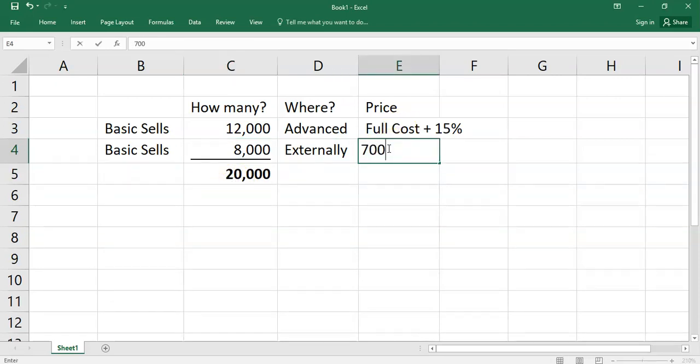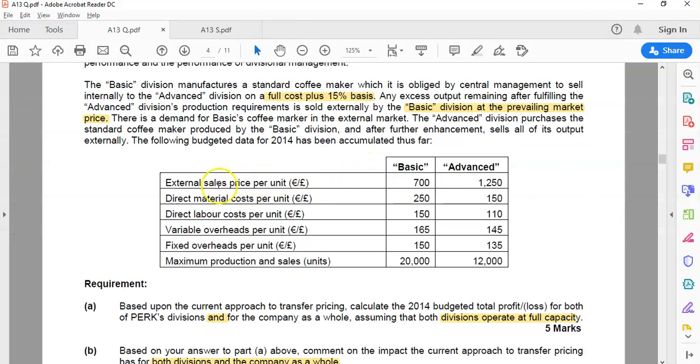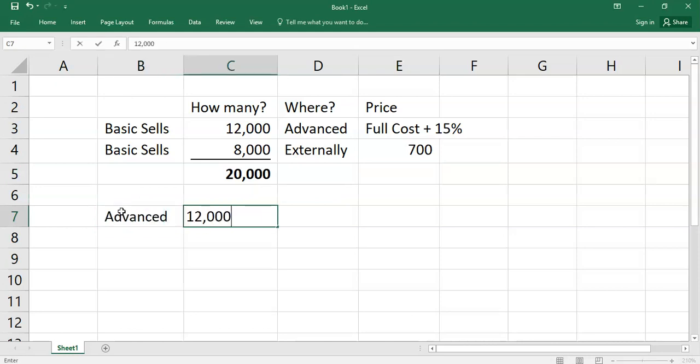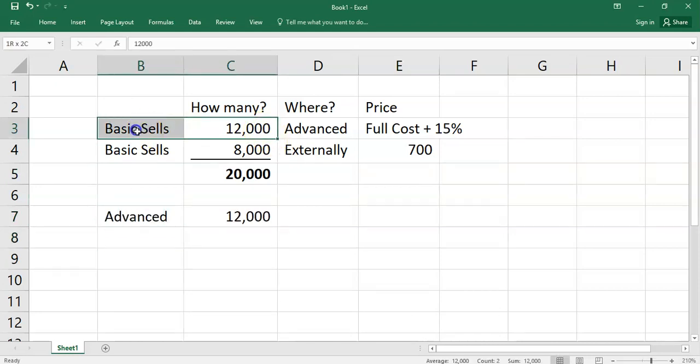The price there is 700, because you're told the external sales price. So the biggest thing about transfer pricing is getting it right in your head: what is happening where? And then advanced can only sell 12,000, because that's all it buys in to do up.